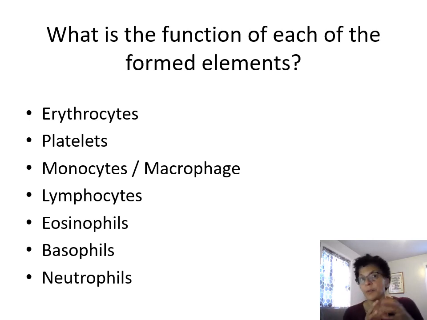Now you also need to be able to describe general functions of each. So erythrocytes, gas exchange, carry respiratory gases, things like that. Platelets, clotting and coagulation. Monocyte or macrophage, they're phagocytic, but in the long term. Lymphocytes, oh gosh, there's so many of them, right?